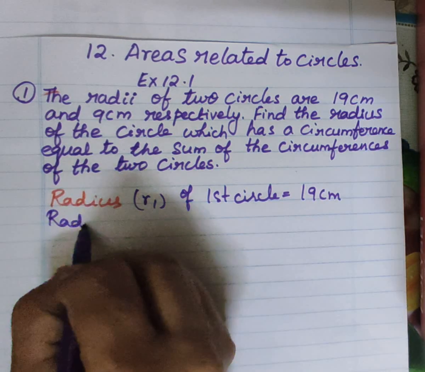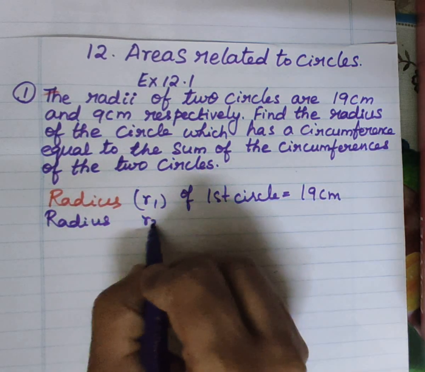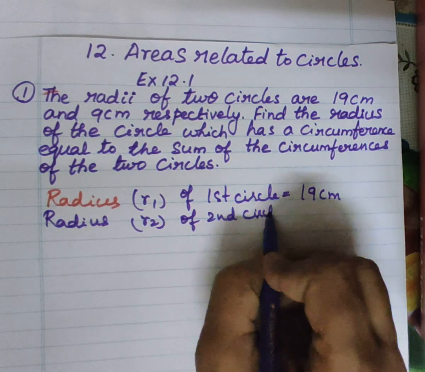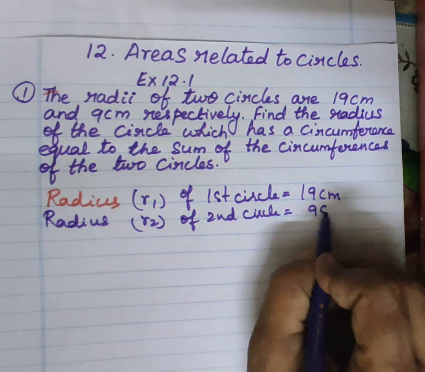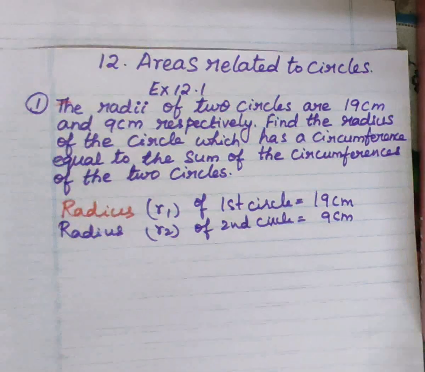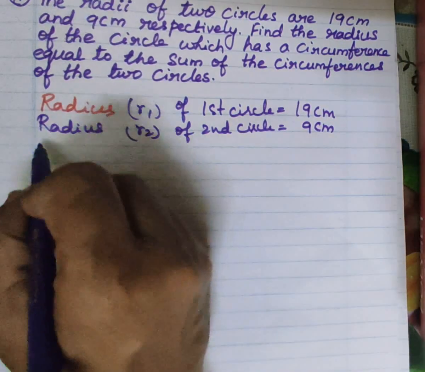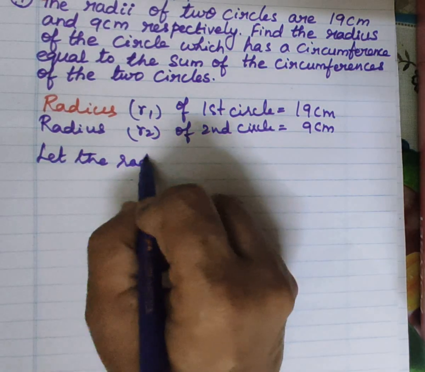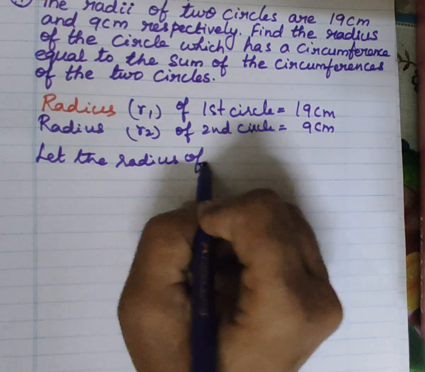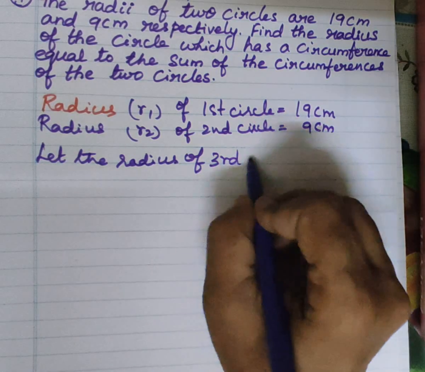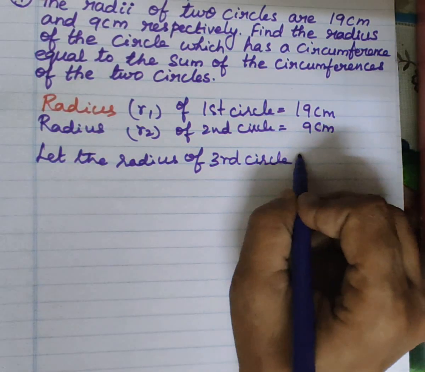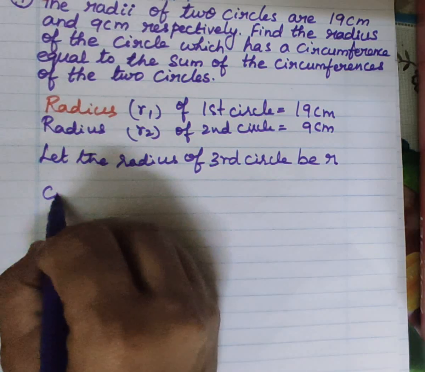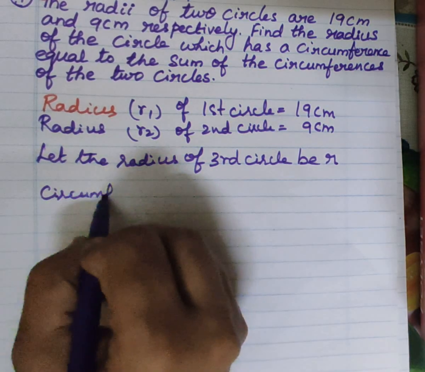Now the radius of the second circle, let us take it as R2 of second circle is equal to 9 centimeters. Now let the radius of third circle be R.